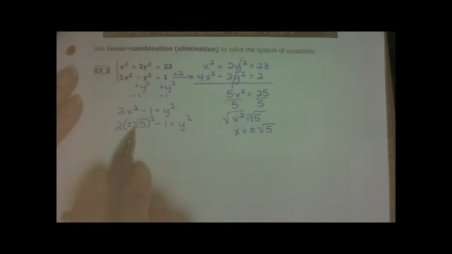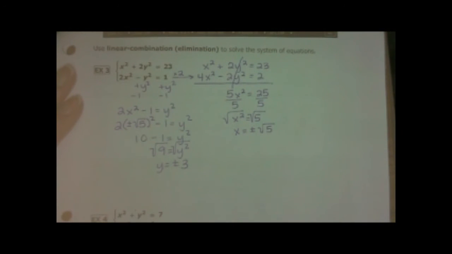So this turns out to be 5 times 2 is 10 minus 1 is y squared. So 9 is y squared. Square root both sides, and again that gives you y equals plus or minus 3.